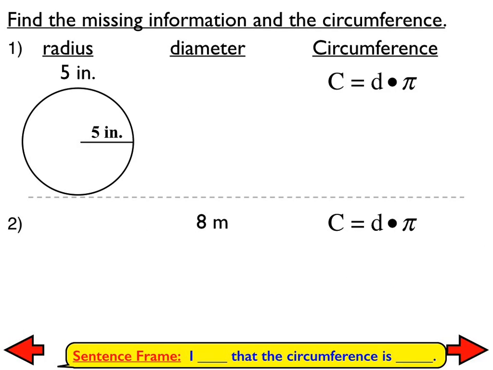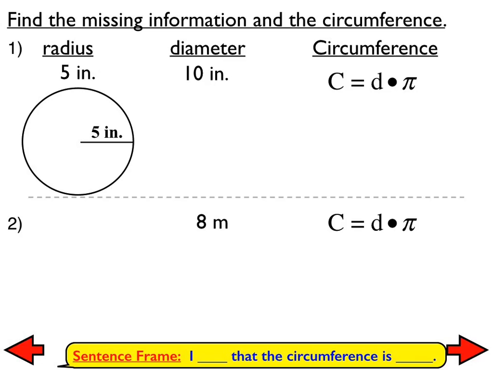Let's go to number 1. In number 1, you have a circle. I'm telling you that the radius is 5 inches. Raise your hand if you can tell me what the diameter is. And after my full explanation, there should be almost no thought into figuring that out. What is it? 10. It's 10 inches. So let's fill in the diameter with 10 inches. Now, why am I doing that?